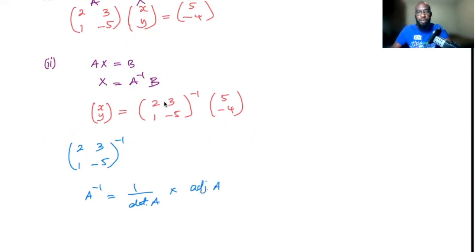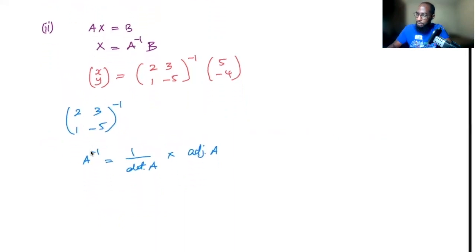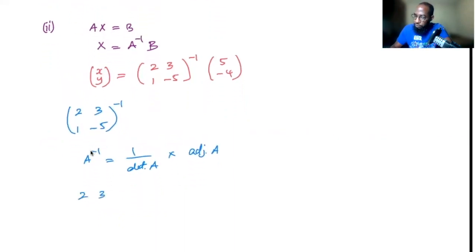All right, so if I need to find out the inverse for this, 1 over 2 times negative 5 minus, 1 over 2 times negative 5, always minus 3 times 1.